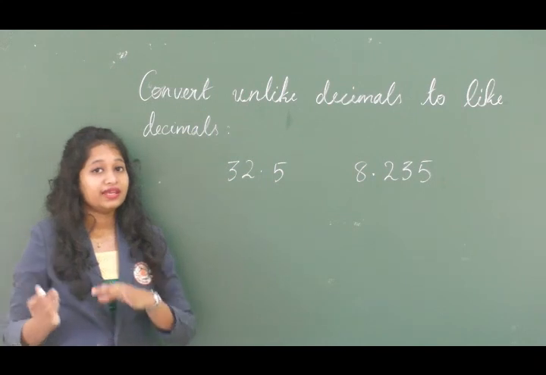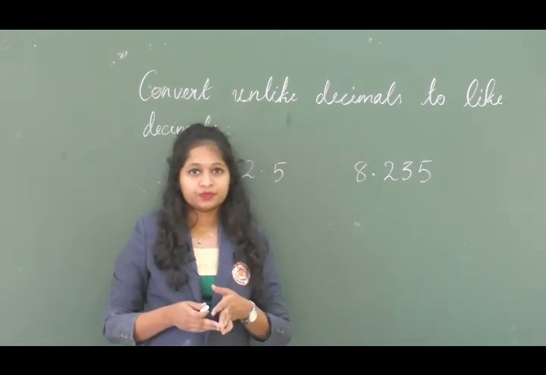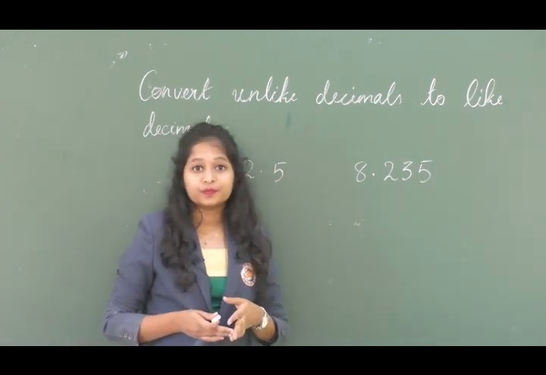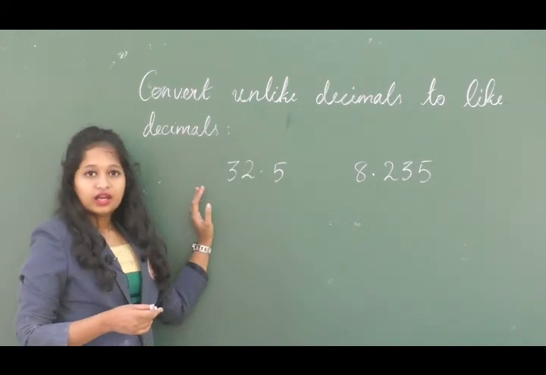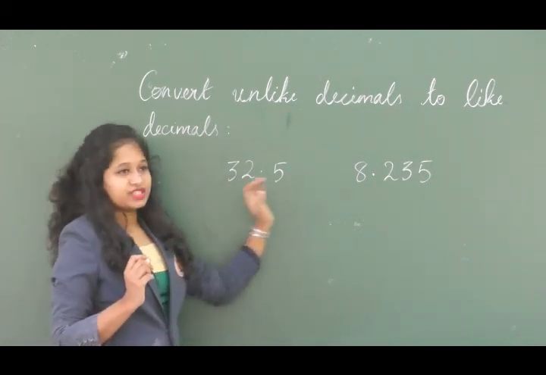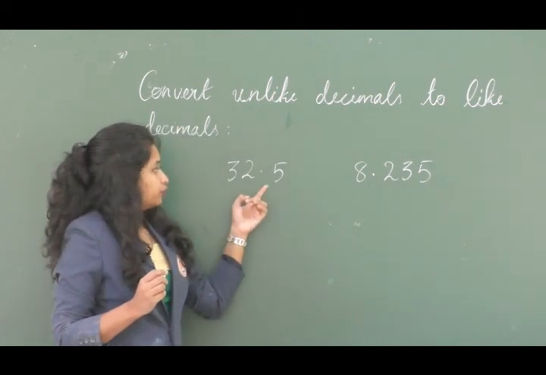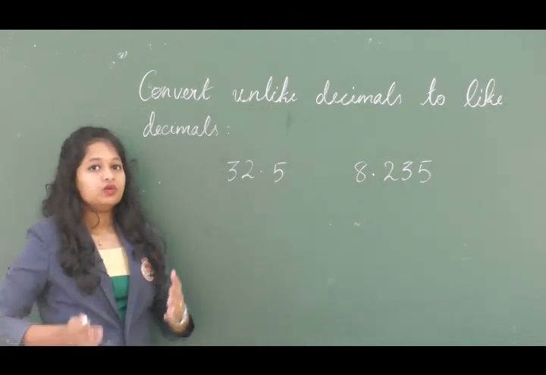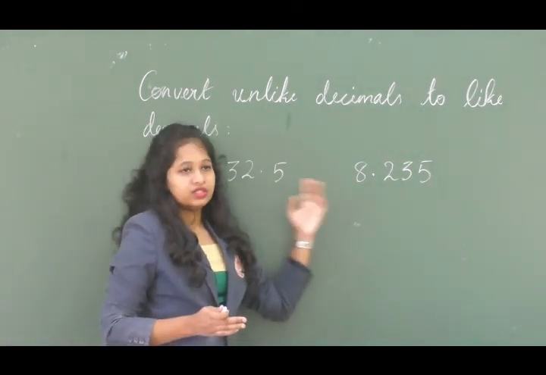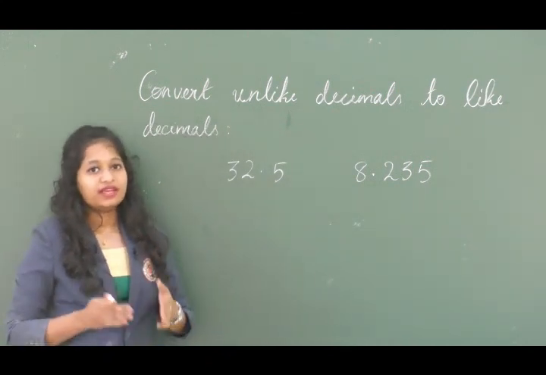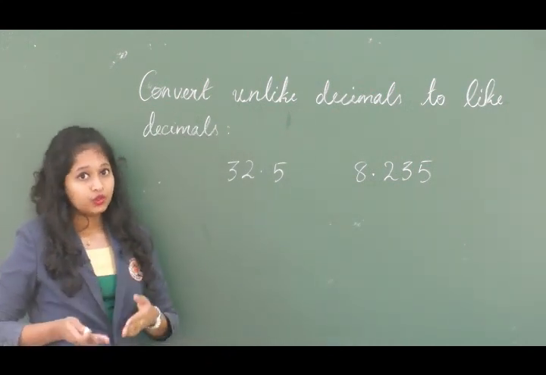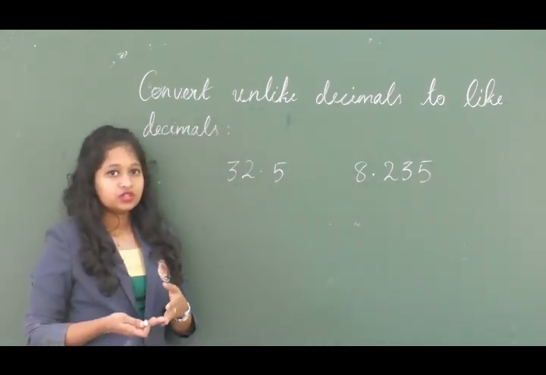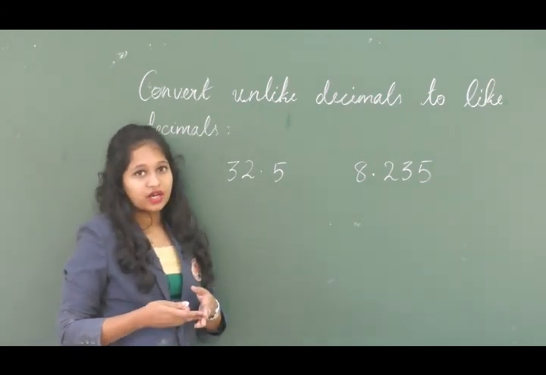So we learned about like decimals and unlike decimals. So how to convert unlike decimals to like decimals? I have two decimal numbers here, 32.5 and 8.235. So now I am going to make both these unlike decimals into like decimals. How to do that? We have to add one or more zeros to the decimal part.